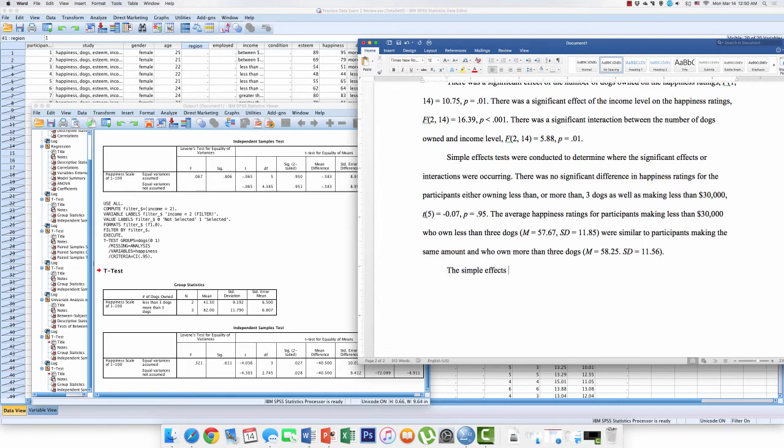The simple effects tests showed a significant difference in happiness ratings for the participants making between $30,000 and $60,000.